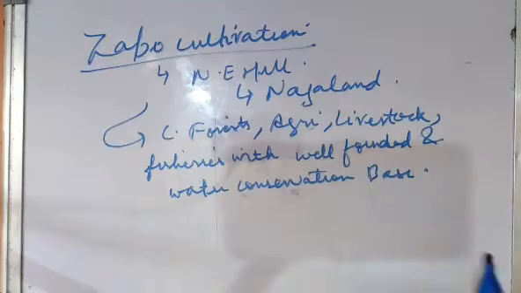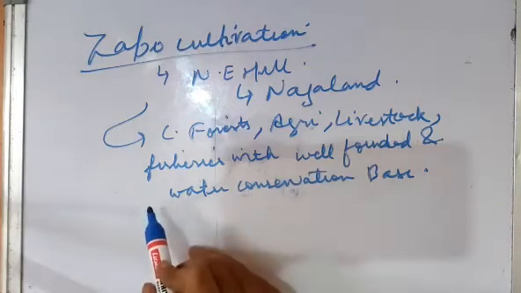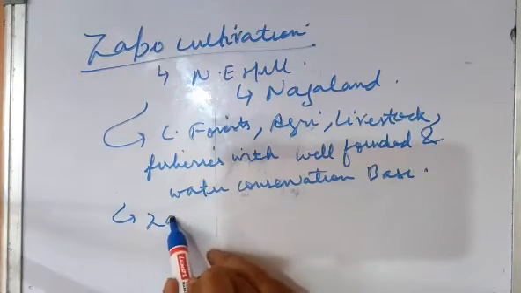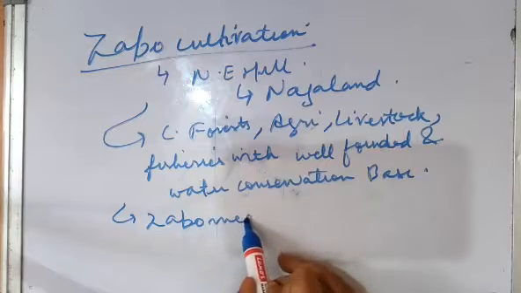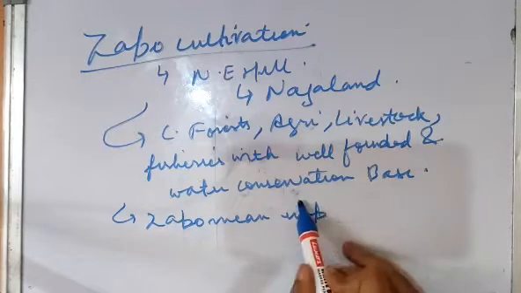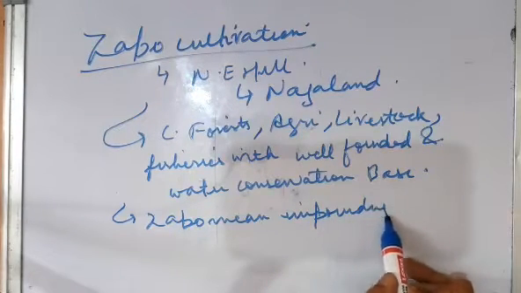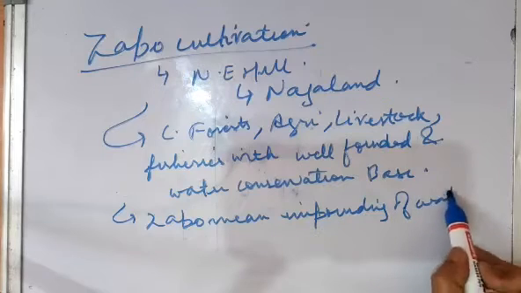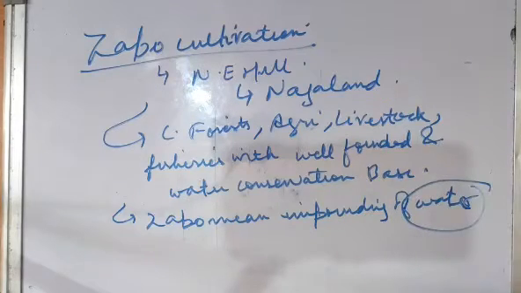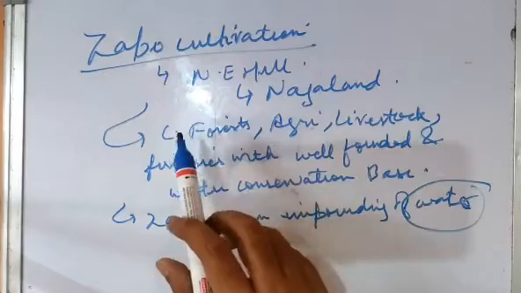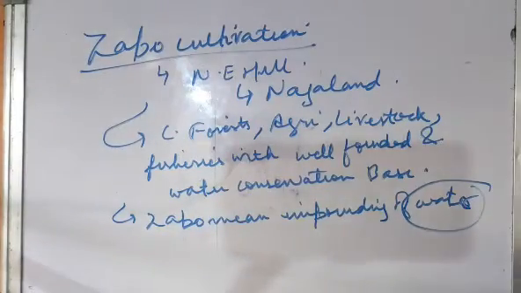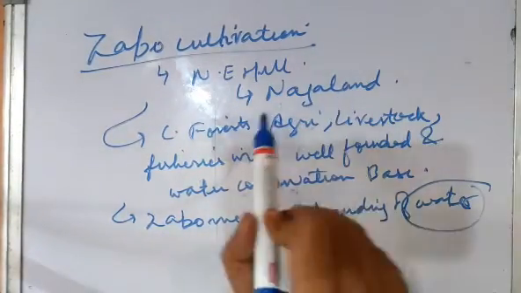That is what Jabo cultivation is. Jabo means impounding of water. So here they focus usually on water, and as we know, it is a very nice, very indigenous integrated farming system.